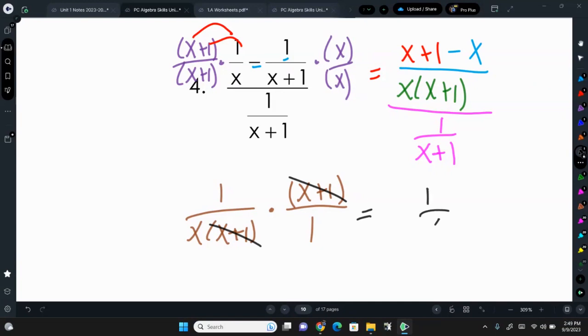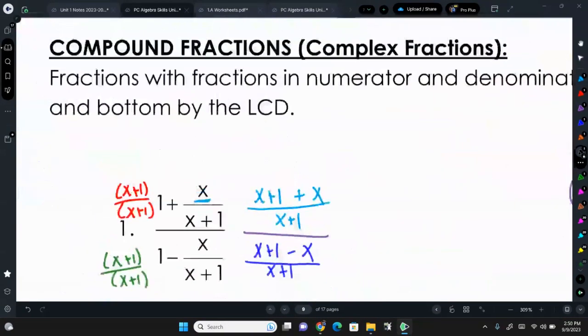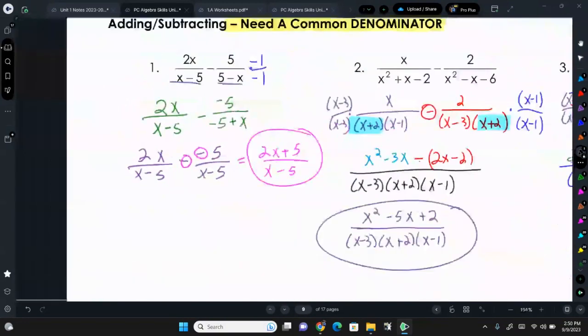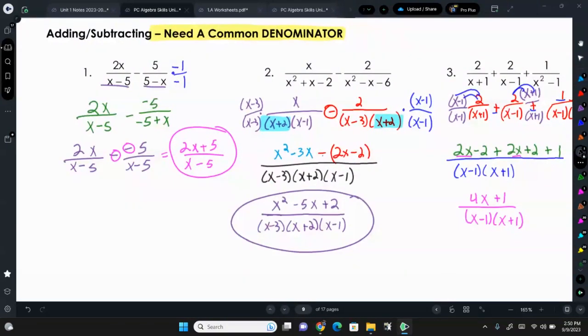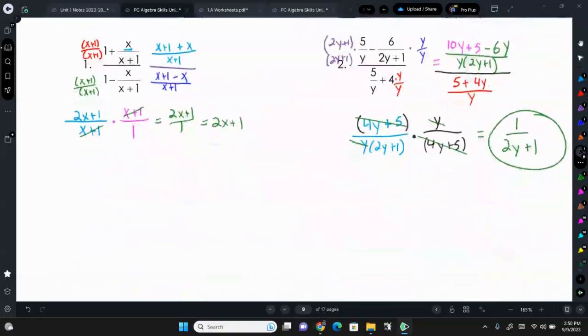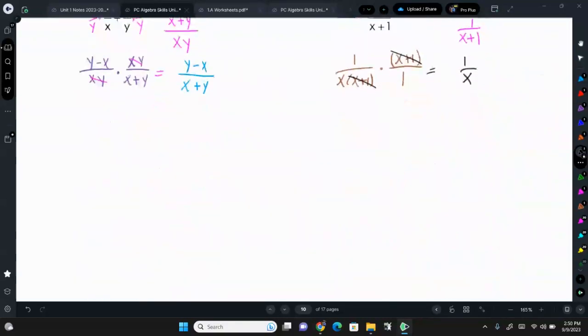So our simplified answer is just 1 over x. So looking at each of these fractions individually will help us simplify them and then multiply by the reciprocal later. So each one of these complex fractions is just like a mini one of these problems from up here. So hopefully that made a little bit of sense and we're able to go a little bit further now.